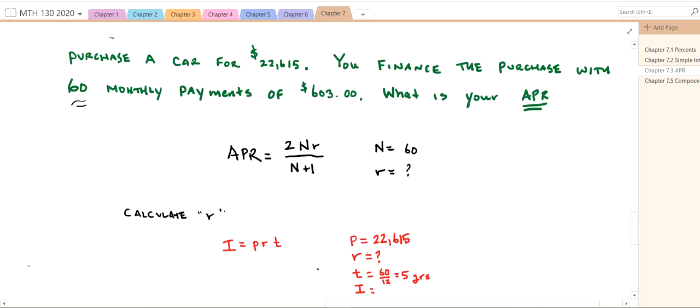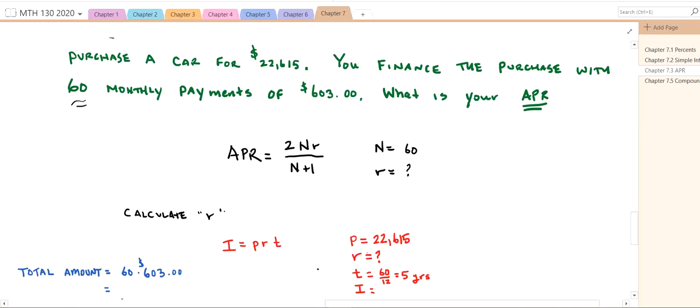Let's calculate the total amount that we're going to pay. That's going to be 60 times $603, 60 monthly payments of $603.